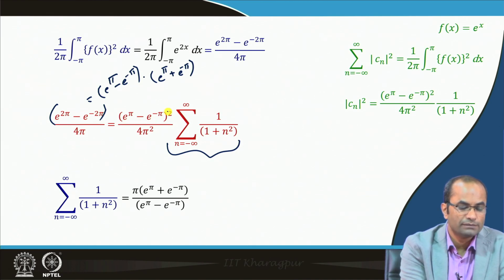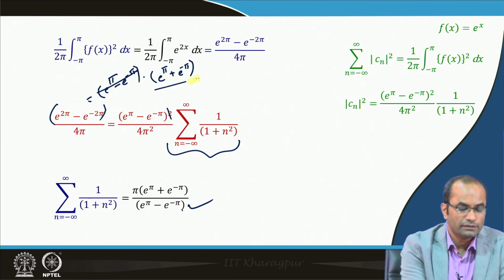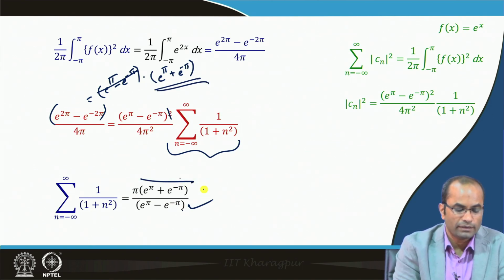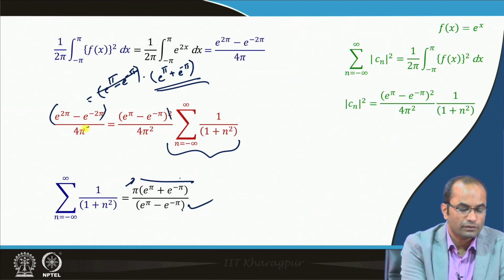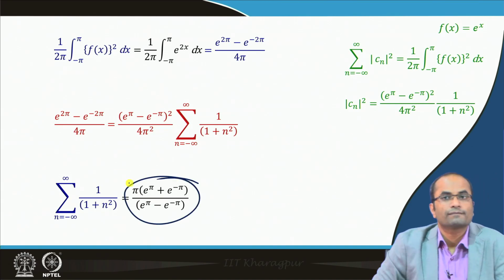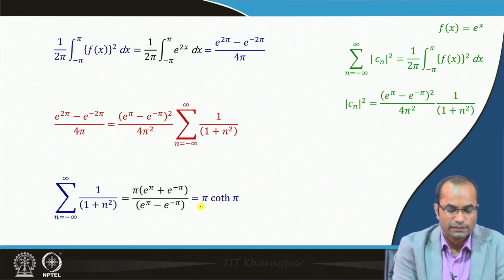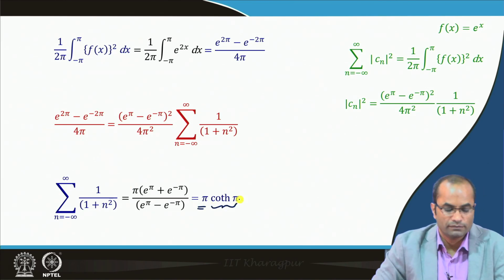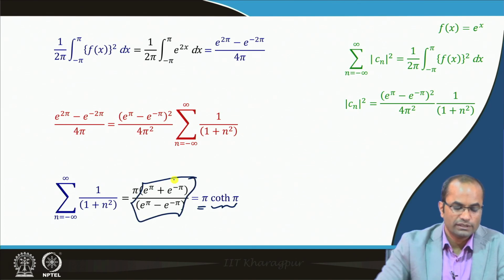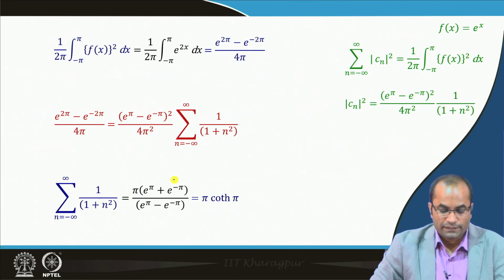So, one term will get cancelled. In the division we have e^π − e^(−π), in the numerator e^π + e^(−π), and then there is a π because of this cancellation. So, this is exactly the sum of the given series 1 over 1 + n² from minus infinity to plus infinity, which can be further written in terms of π and coth π, which is exactly (e^π + e^(−π)) over (e^π − e^(−π)).